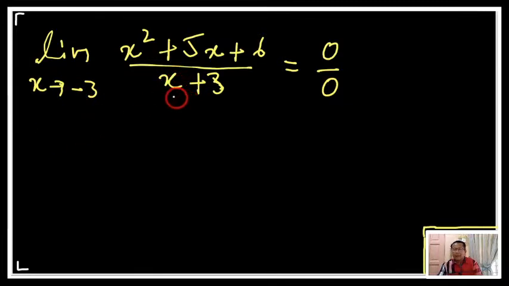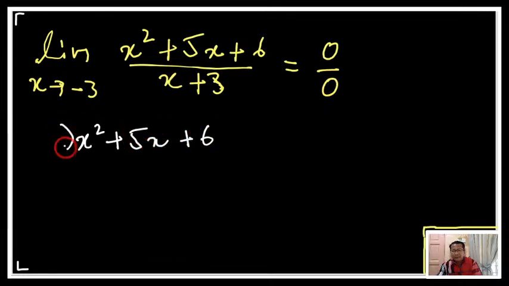It's okay, let's say I will show you long division. This one x square plus 5x, but you need to follow the power 2 and then it should be 1. If there's no x power 1 here, you put 0, plus 6, divided by x plus 3.